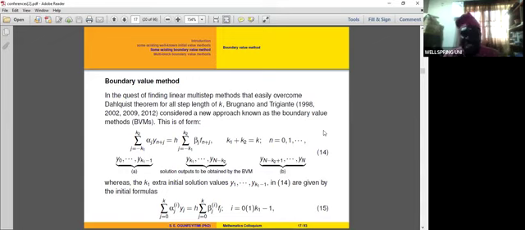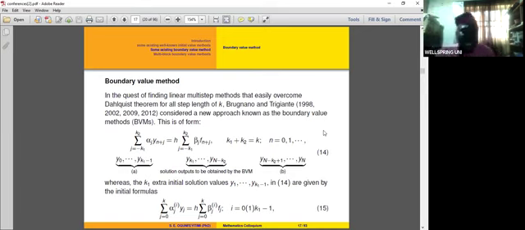This new approach is given in equation 14, where the a terms, y0 to y(k-1), are the solution inputs that are required. The b terms, y(n-k+1) to yn, are the solution inputs from the final part that are required before we can implement equation 14.